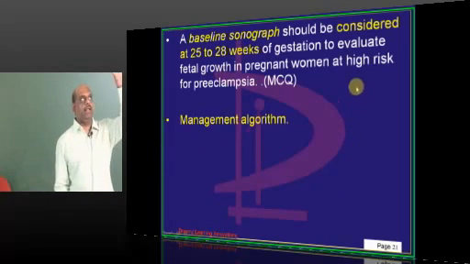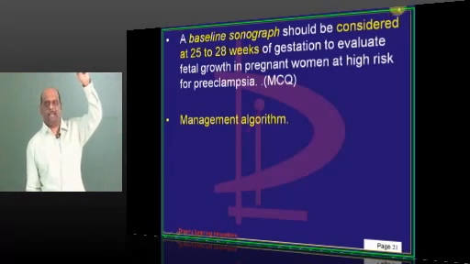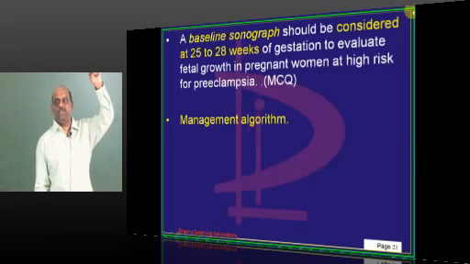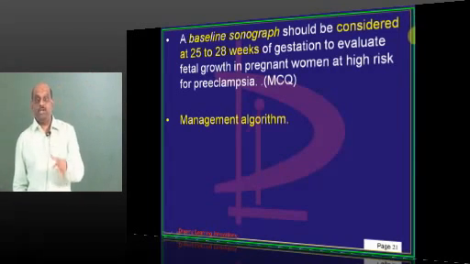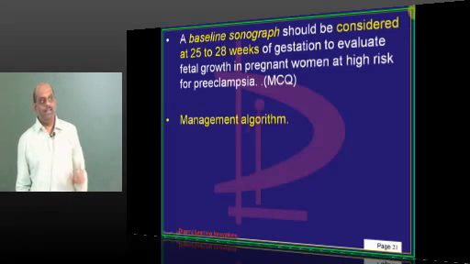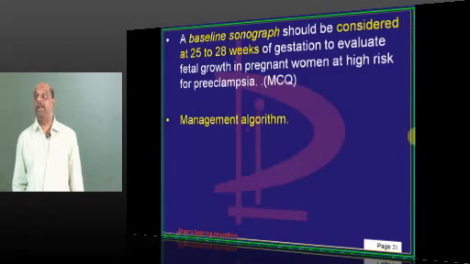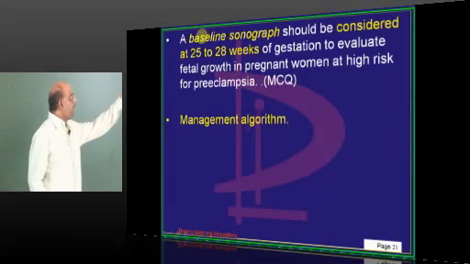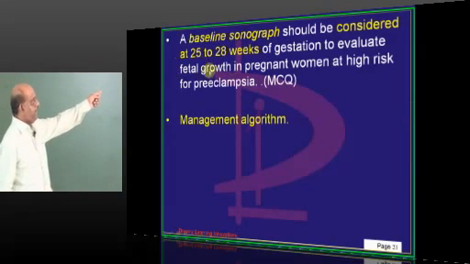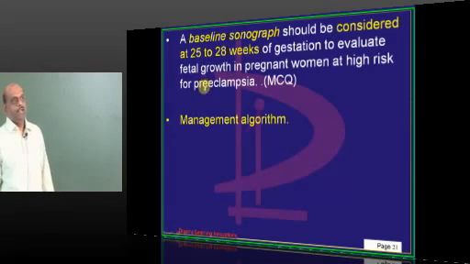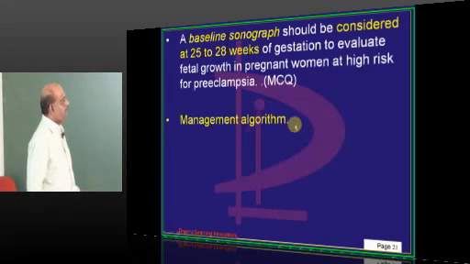Because we said, what is the underlying pathology? Vasospasm. So the vasospasm is there, the placental blood flow will show increased resistance. Then that is an important indication that preeclampsia is going to develop. So you also need to evaluate the fetal growth by doing a baseline sonogram.